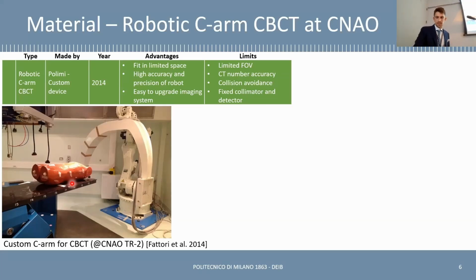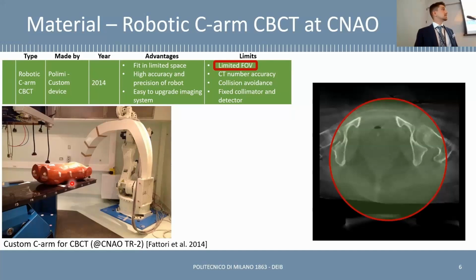The problem is that this was mainly used for 2D-3D registration, so to acquire planar orthogonal X-rays, with the plus of a CBCT to be acquired in anatomical verification cases. The problem is that the field of view is limited. This is one image of a patient pelvis acquired on this system, and you can see that you cannot discriminate very well outside this green circular FOV in the axial plane.